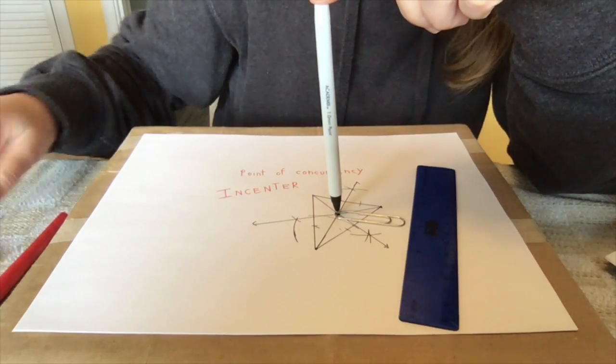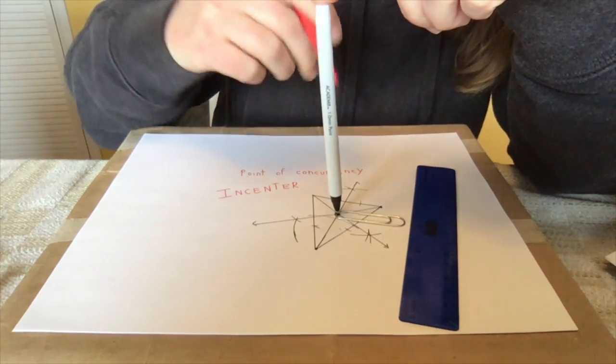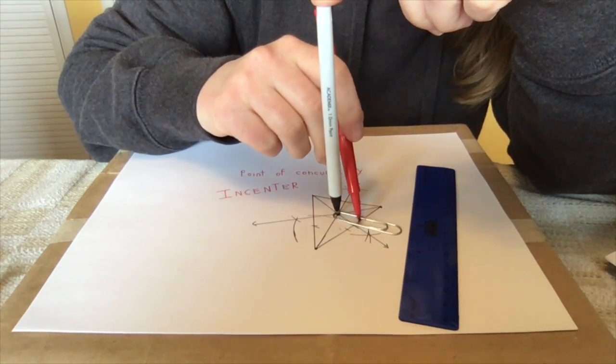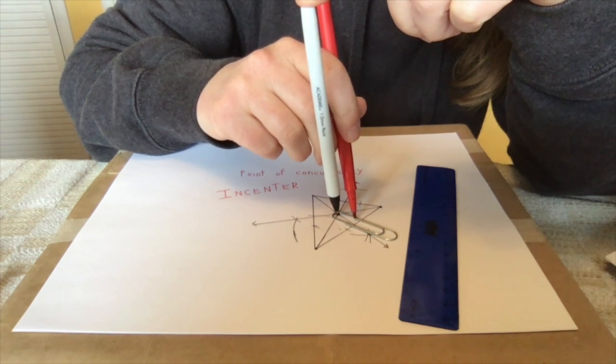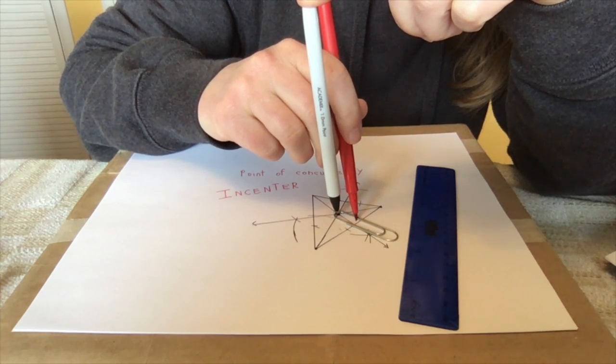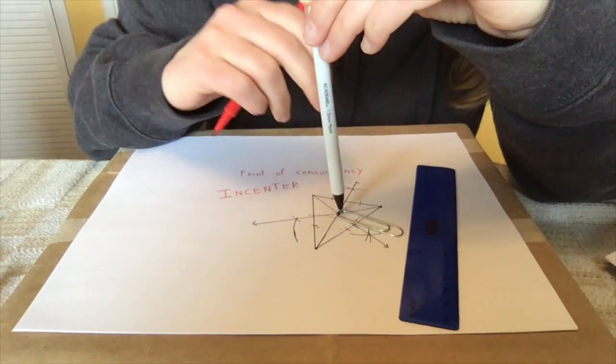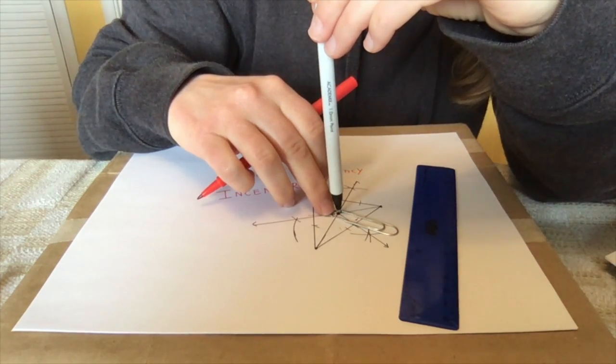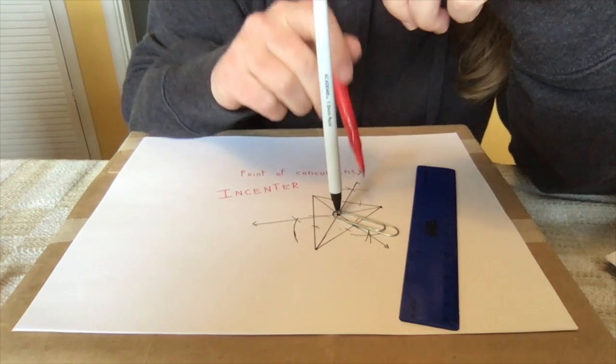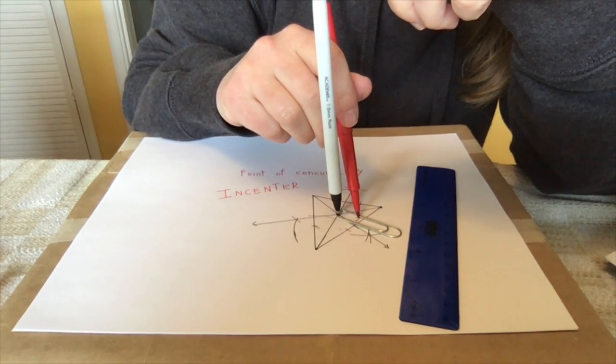I'll do this in red so you can see it a little bit better. I'm going to be really, really clever with this paper clip. And it's not going to be perfect because this is a paper clip. Oh, and I missed already. Let's try this again. Okay, I'm going to push really tight here.